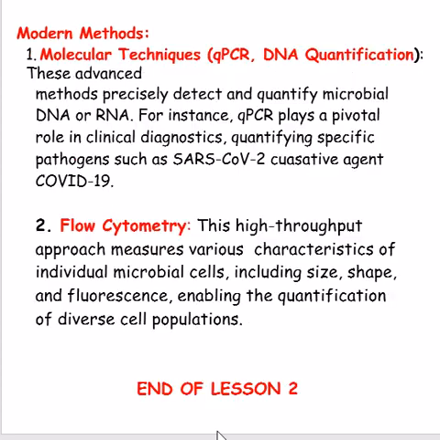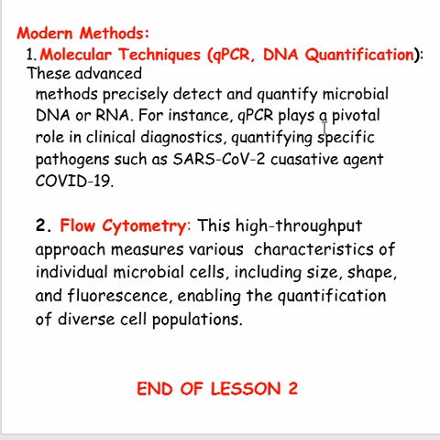However, in the last slide, which is the completion of this lesson, we'll be looking into modern methods that are being used for microbial growth and proliferation in any system. The major one, which is very common now, is the molecular techniques, where you have PCR, that is polymerase chain reaction, and DNA quantification.